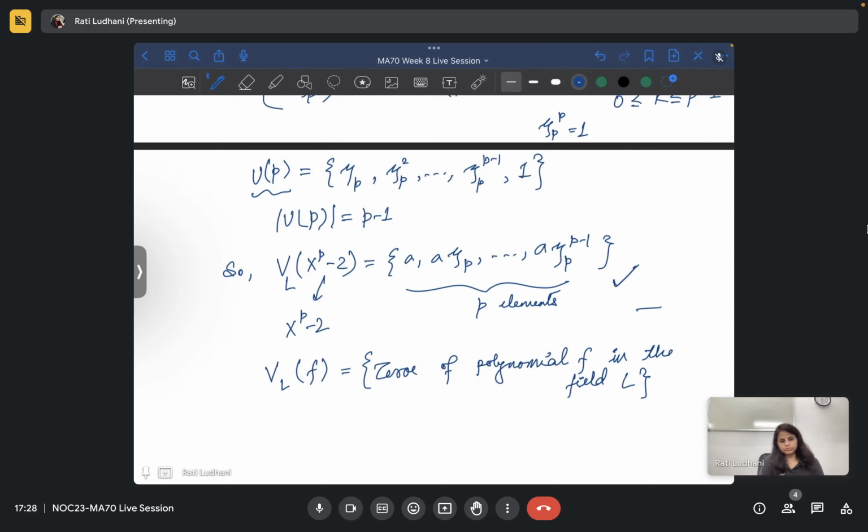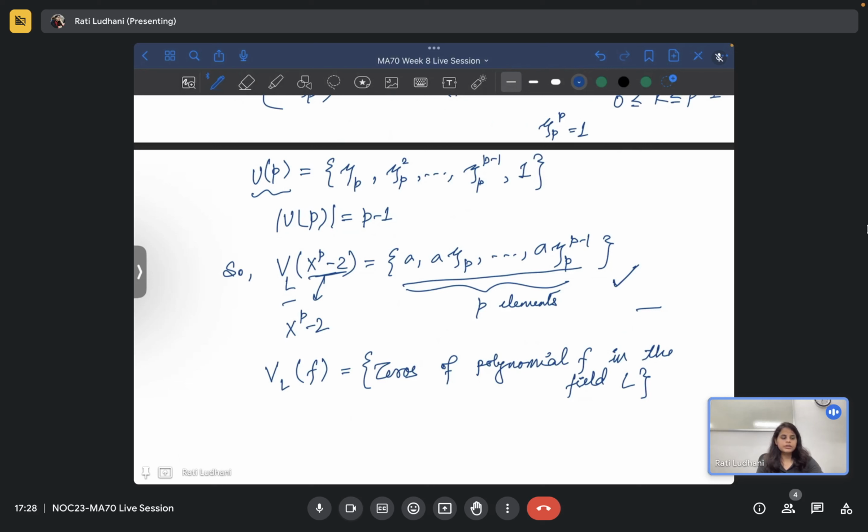So at this place, L is the splitting field. So all the roots of x raised to power p minus 2 should be there in the field L. So we just write all the roots, and as eta p raised to power, any of these are not equal.